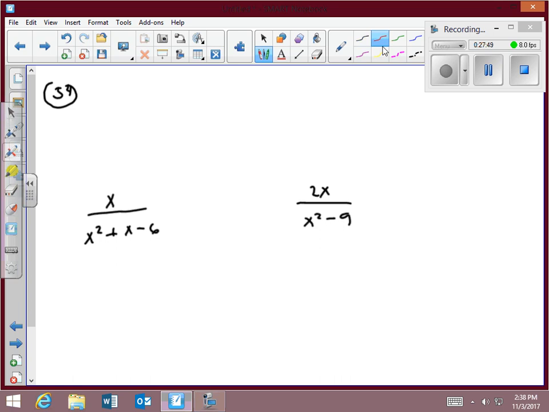Now, look at this denominator. It's written in descending order. Leading term is positive. No common factor, right? It's a trinomial, not a special case. So if it factors, it's only going to be trial and error over the integers, right? Pair of binomials. It's x, and the signs are what?